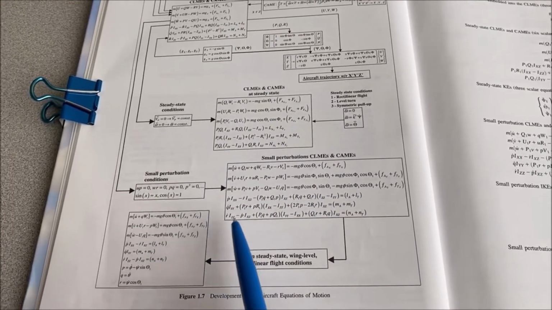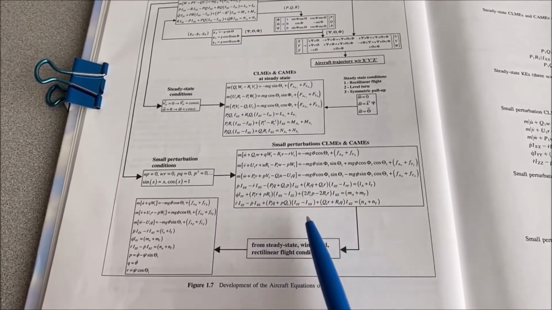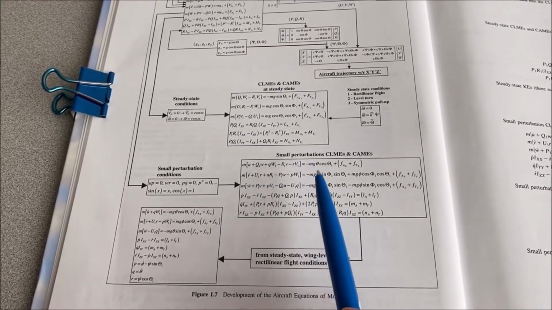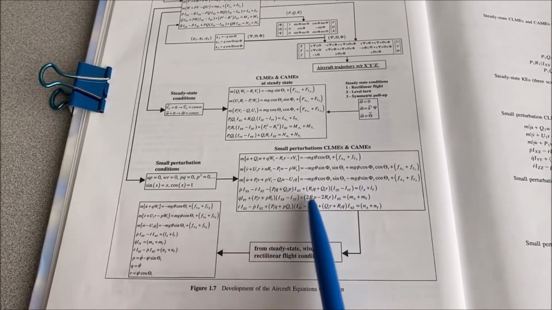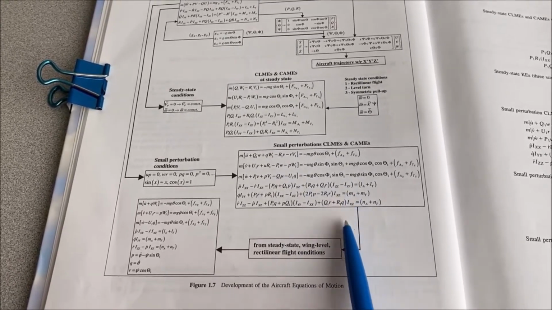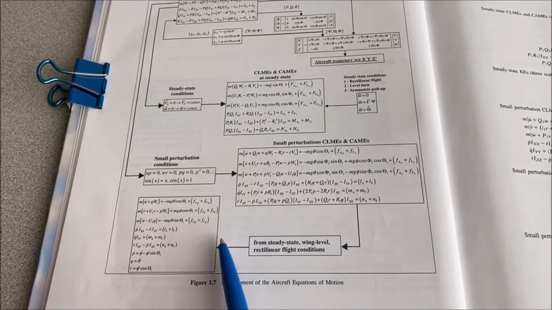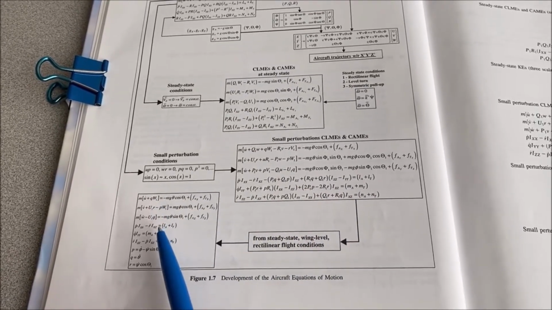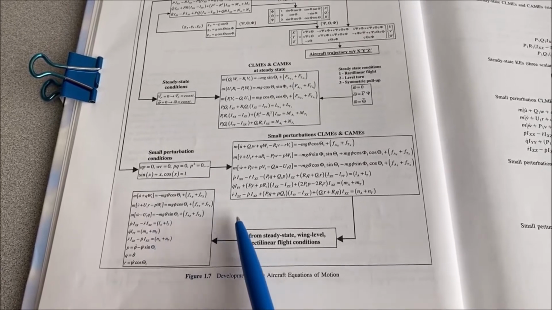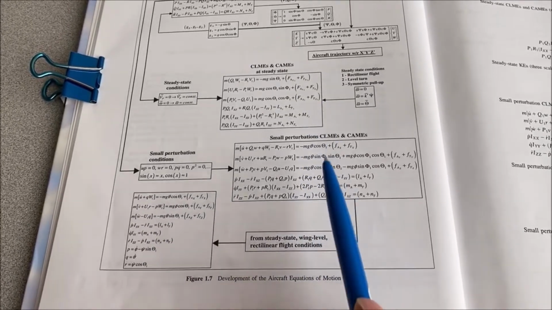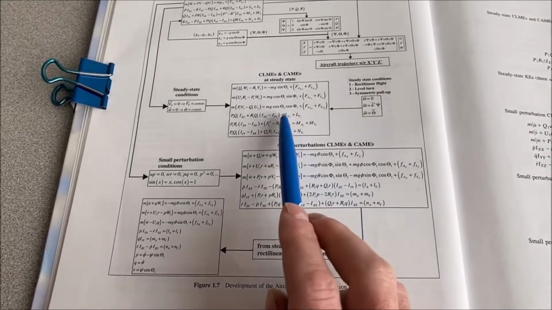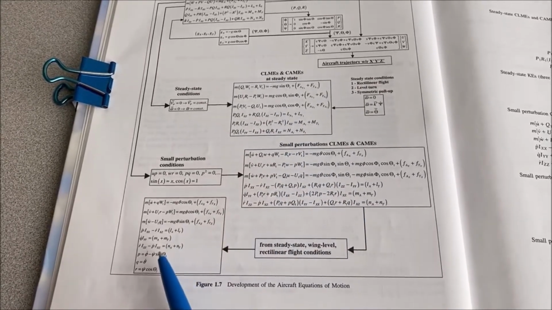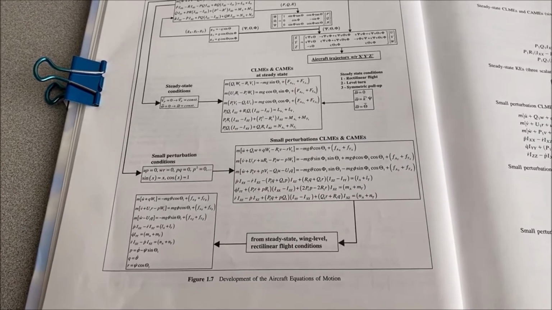As one final extension, if we are looking specifically at small perturbation from the steady state flight condition, then this reduces even further, because again there are a lot of assumptions. For example, the steady state condition means we can apply just a small perturbation to get this.